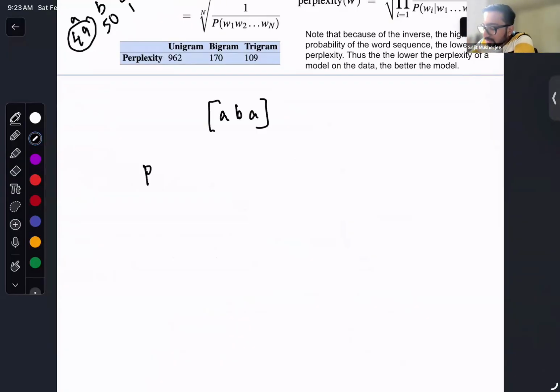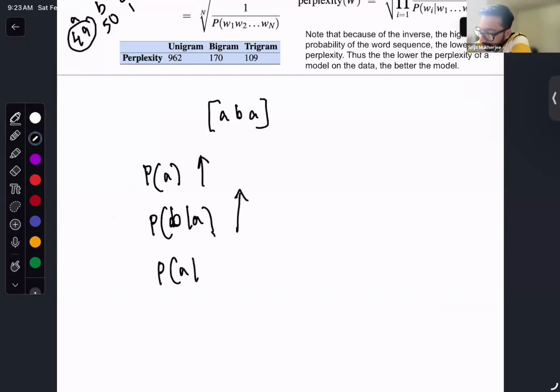We want the probability of A to be high. But do we want the probability of just B to be high? No, because we have already predicted A. So ideally, it should be the probability of B given A to be high. And finally, the probability of A given AB to be high.